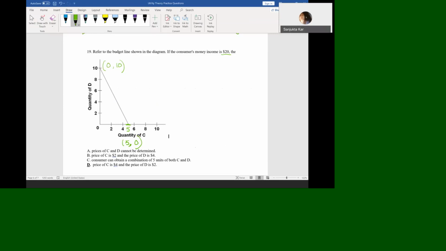The way I find these anchor points is equal to the income over the price of the good. So for this one, 5 is equal to $20 over price of good C. If I cross multiply, the price of good C is equal to $4.